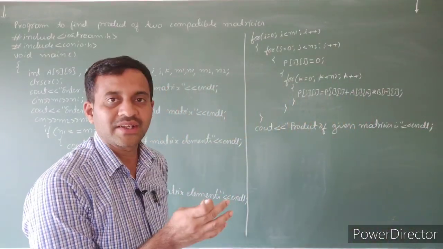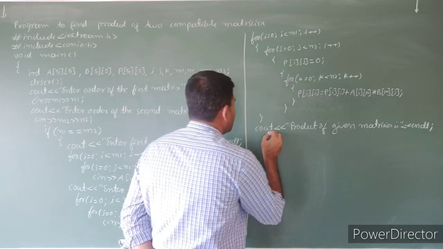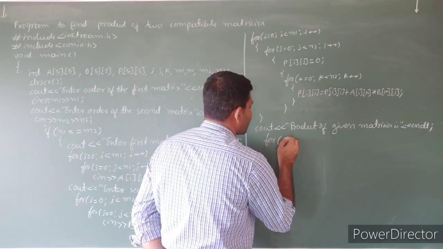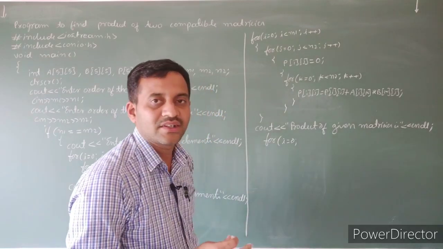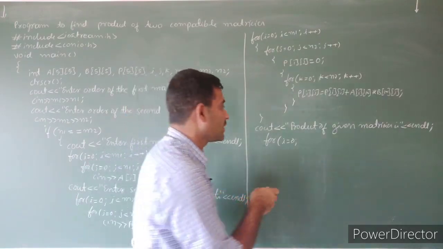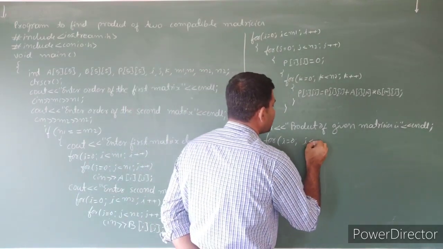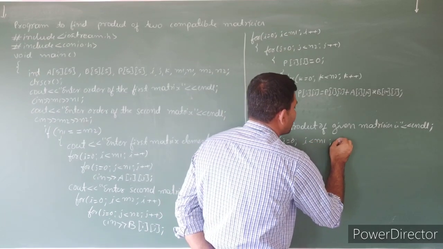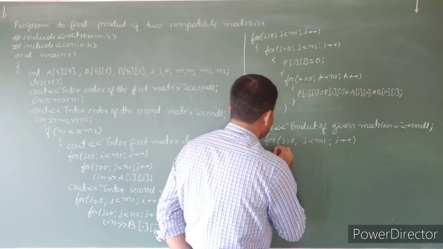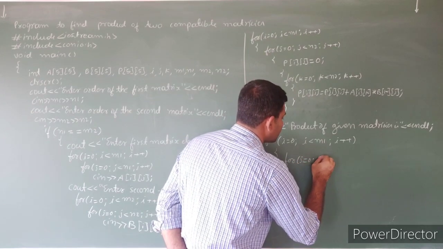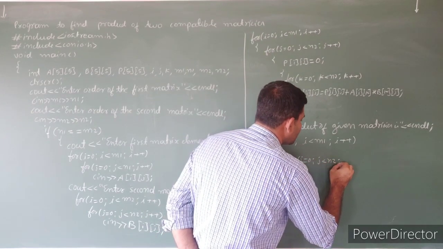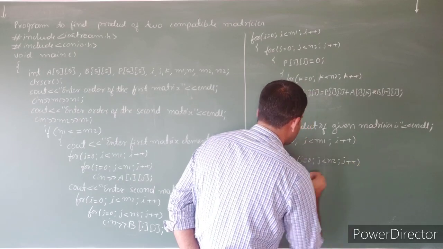Again use the for loop to print the matrix elements. I equals 0. Again we know that the resultant matrix is the outer order. So I equals 0, I less than M1, I plus plus. Another one is for j equals 0, j less than N2, j plus plus.